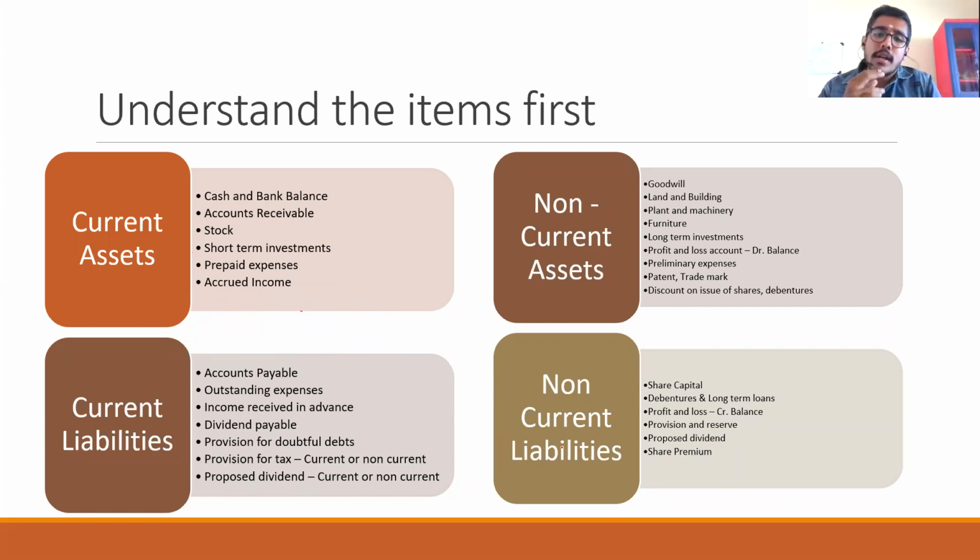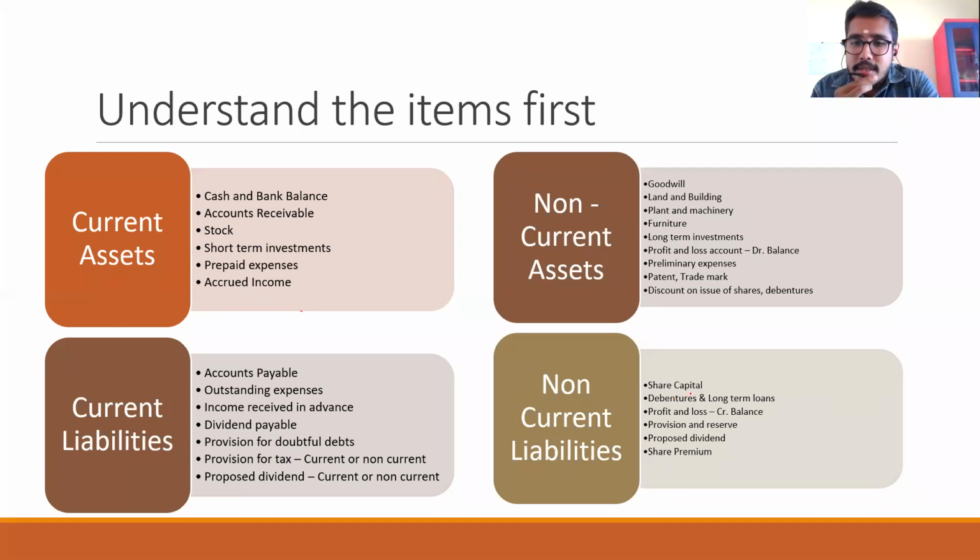And what about non-current liabilities? Long-term liabilities, you have heard, right? Liability which can be paid within a long period. Those are the fixed liabilities or long-term liabilities which may be paid after many years.